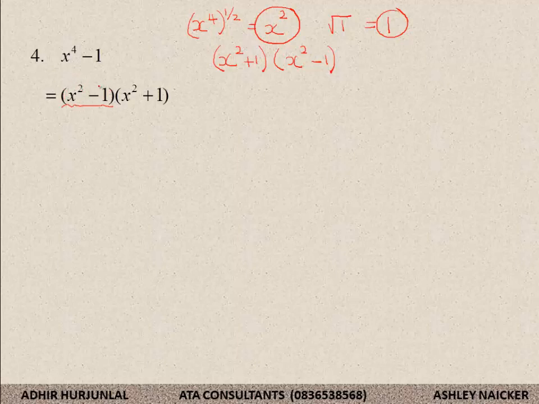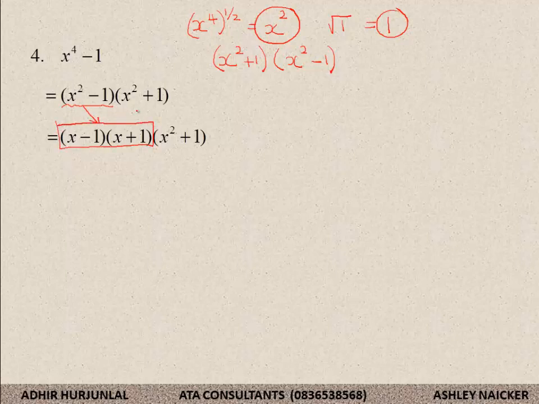It's x. What is the square root of 1? Which is 1. So automatically now I have another two brackets here. And the two brackets become x, 1, x, 1. I put 1 as being positive and I put 1 as being negative. And this simplifies or factorizes to this.